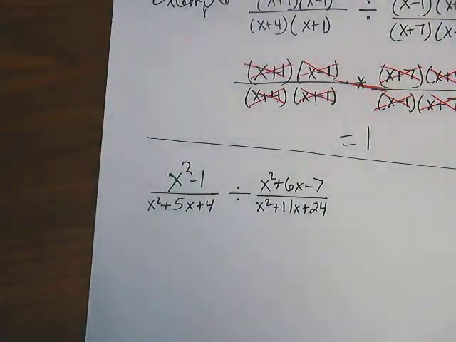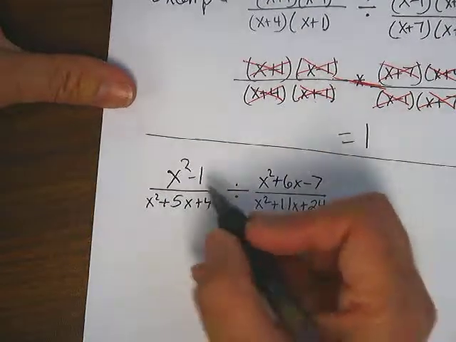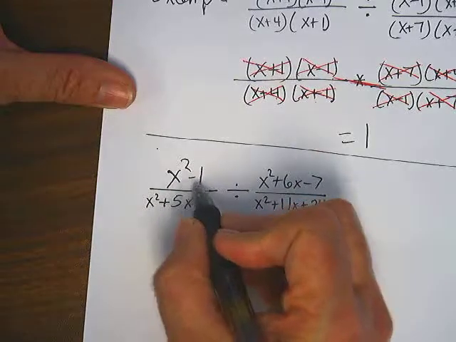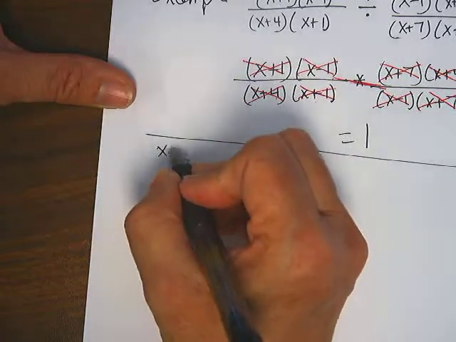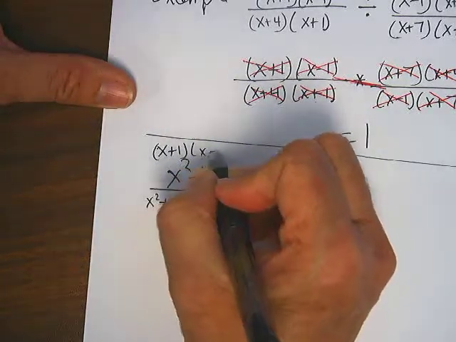Lots of factoring here. So we want to go ahead and factor first. So here we've got difference of two squares. So my factors are x plus 1, x minus 1.